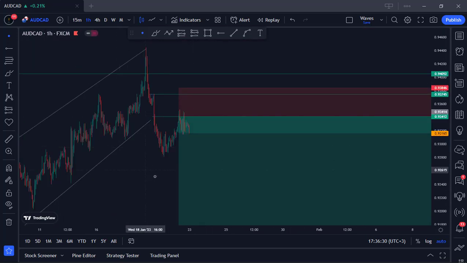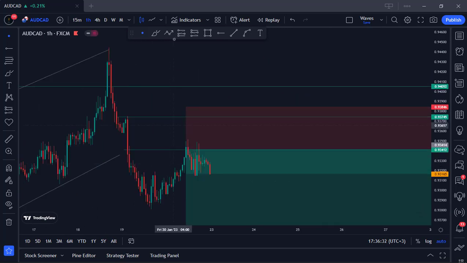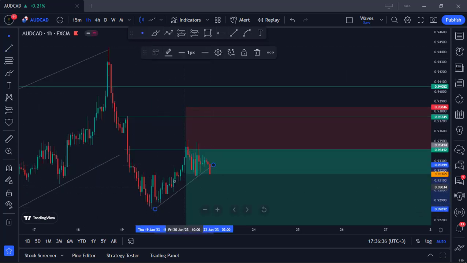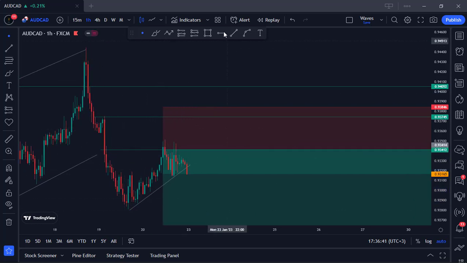So maybe what you can do is you can set a trend line in this area, of which it has already been broken. Yeah, we have already broken it. So once you have that trend line, wait for this low to be broken with the next candle, or just set a pending order on this low.